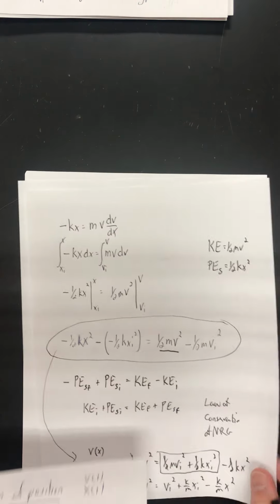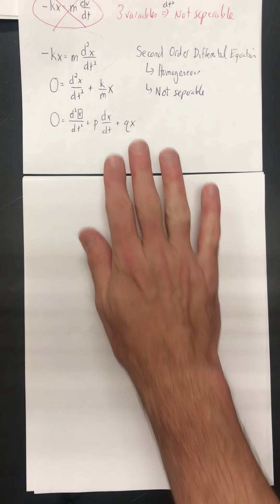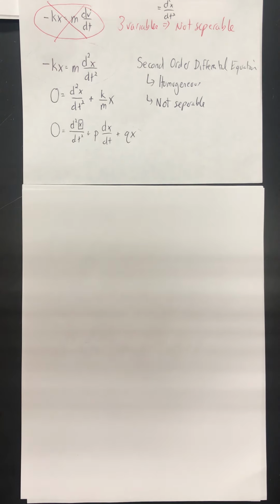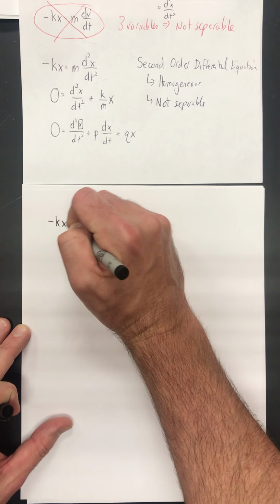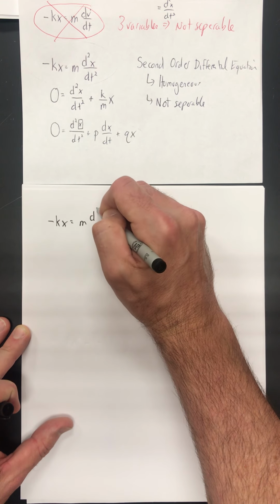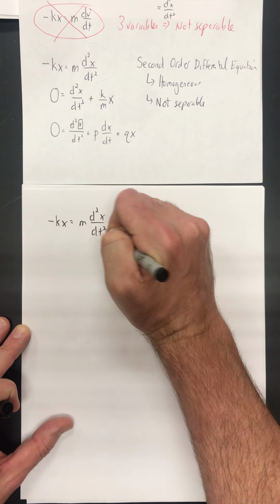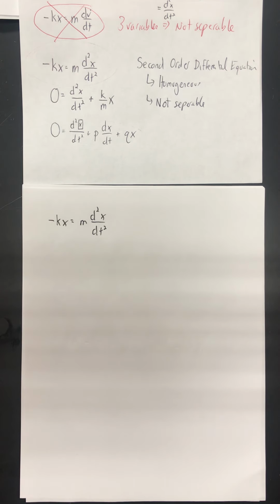But what I want to go back to is the notion of our second order homogeneous differential equation. Because I want to spend a little time on this. So I've got negative kx is equal to m d squared x dt squared. So what does that equation say?